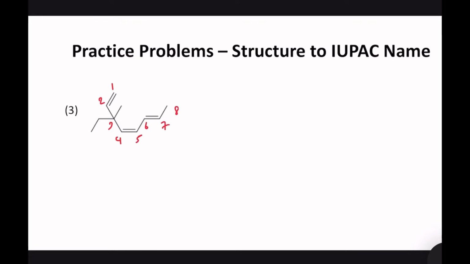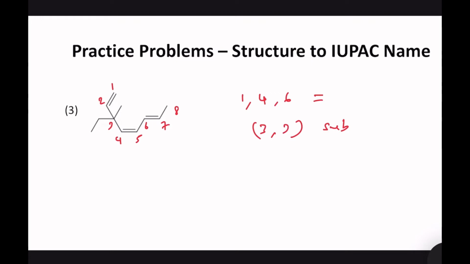This is the correct way of numbering because that would give the lowest numbers for the double bonds. The double bonds are coming at 1, 4 and 6 positions. And there are 2 substituents, one is ethyl, another is methyl, both at 3.